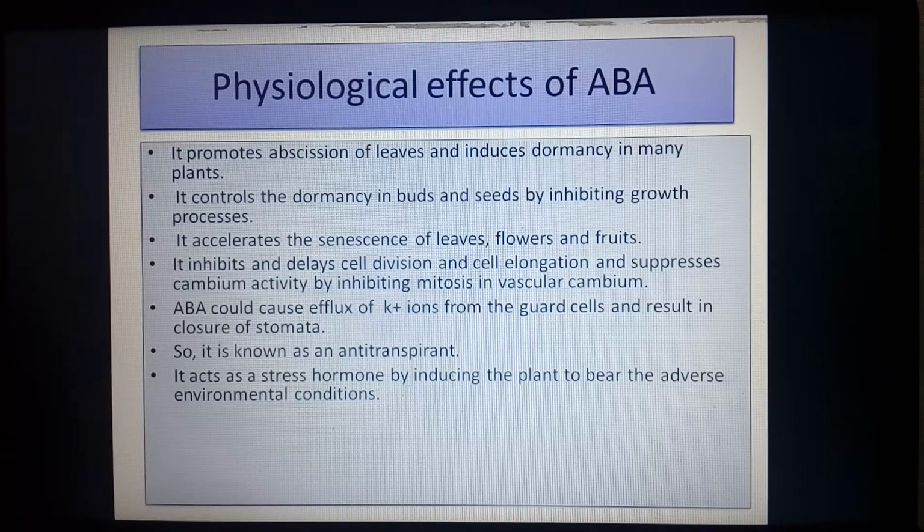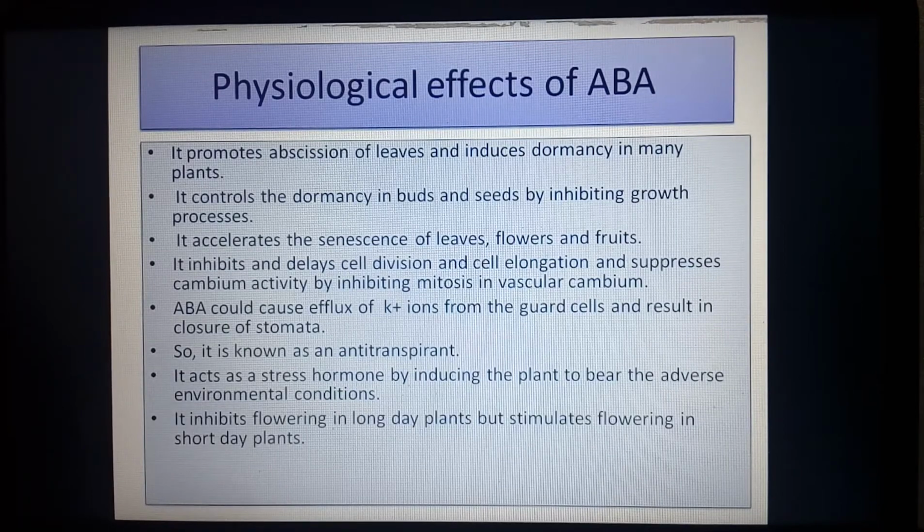As it avoids transpiration, automatically the loss of water is avoided, and it helps to overcome adverse atmospheric conditions. The next, it inhibits the flowering in long day plants but stimulates the flowering in short day plants.